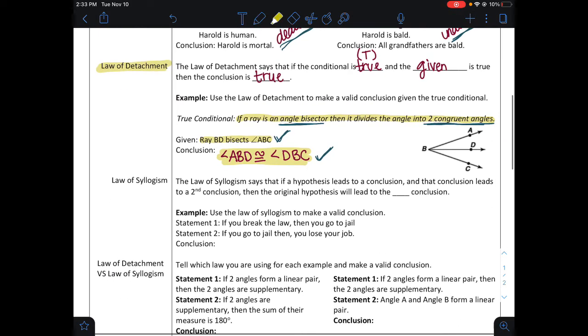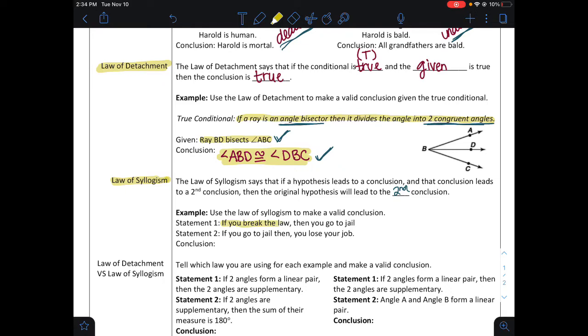All right, the law of syllogism. If the hypothesis leads to a conclusion and that conclusion leads to a second conclusion, then the original hypothesis will lead to the final or the second conclusion, okay? So for example, statement 1: if you break the law, then you go to jail.